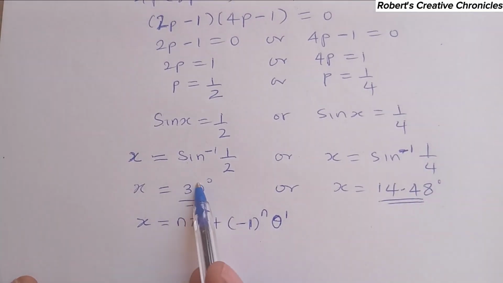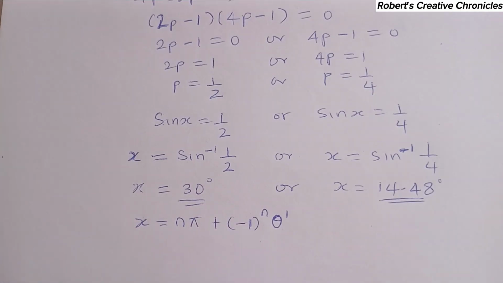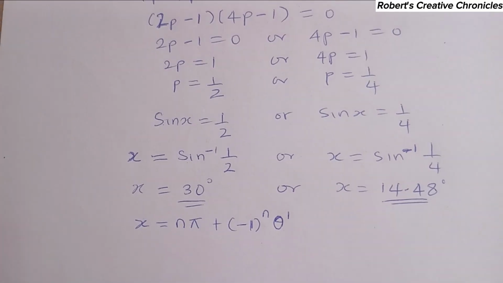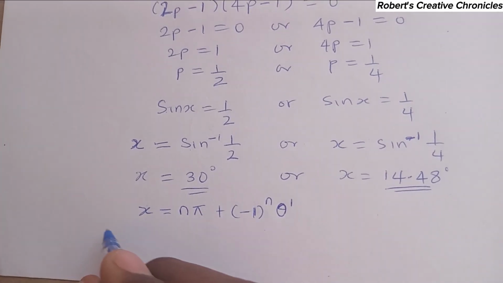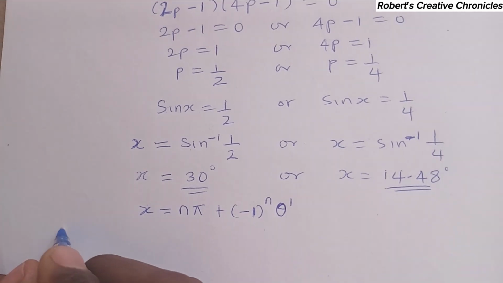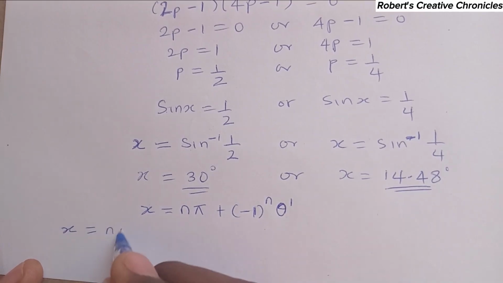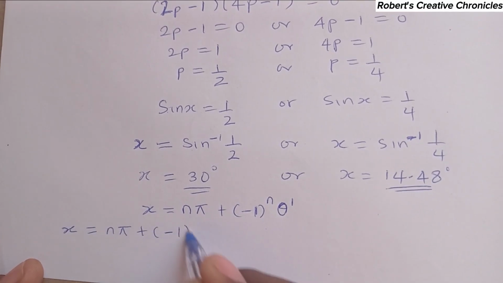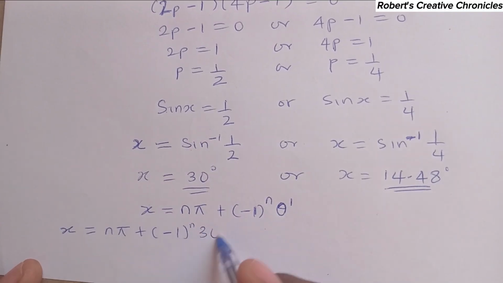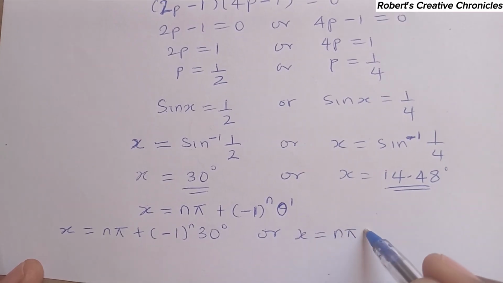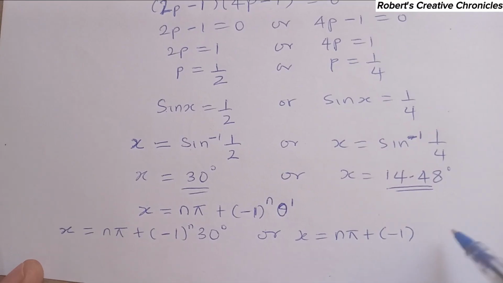So this theta 1 is now 30 and 14.48, and n is an integer. So now we will say that x is equal to n pi plus minus 1 to the power n times 30 degrees, or x is equal to n pi plus minus 1 to the power n times 14.48 degrees.